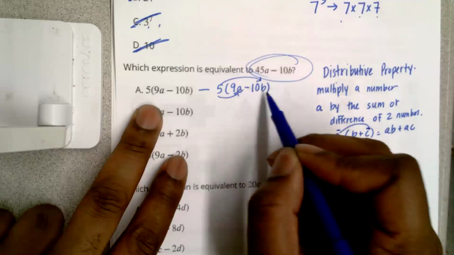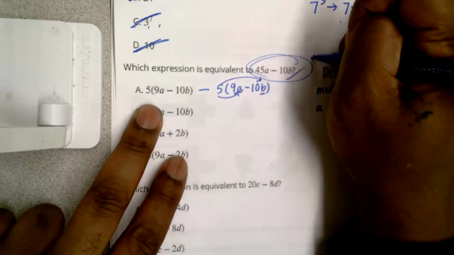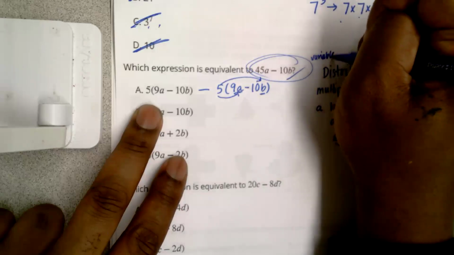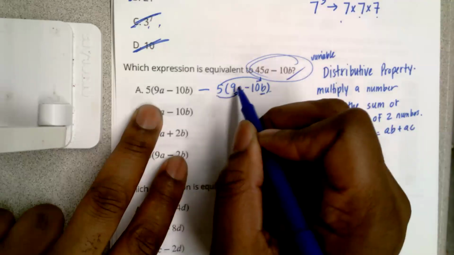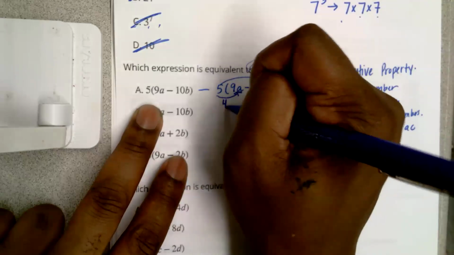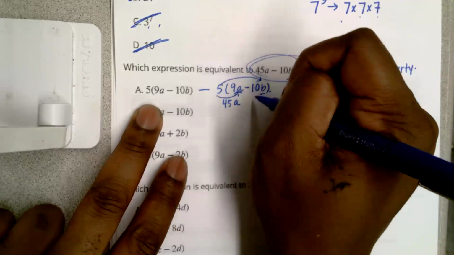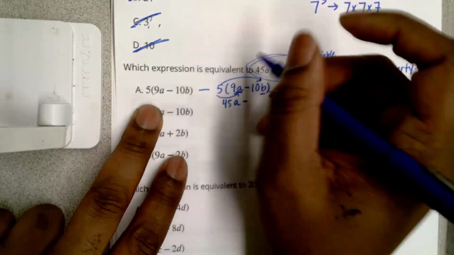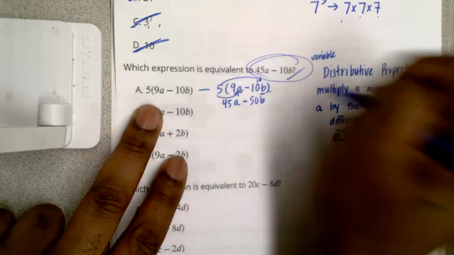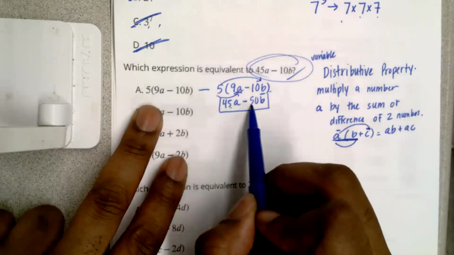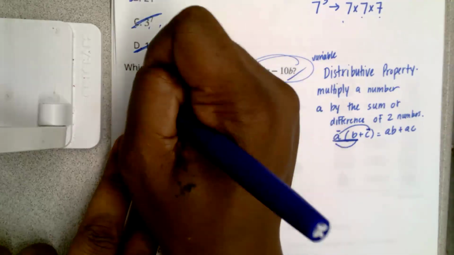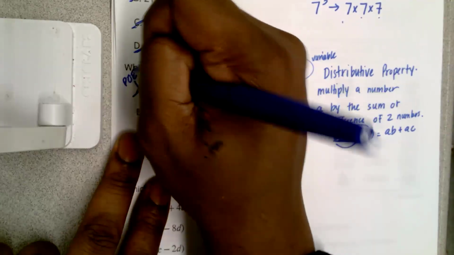Pay attention to the variable, right? The variable is the letter amount. 5 times 9 is 45, but don't forget that variable. Minus 5 times 10 is 50. Don't forget that variable. So is it 45A minus 50B? No. Now we're using process of elimination.